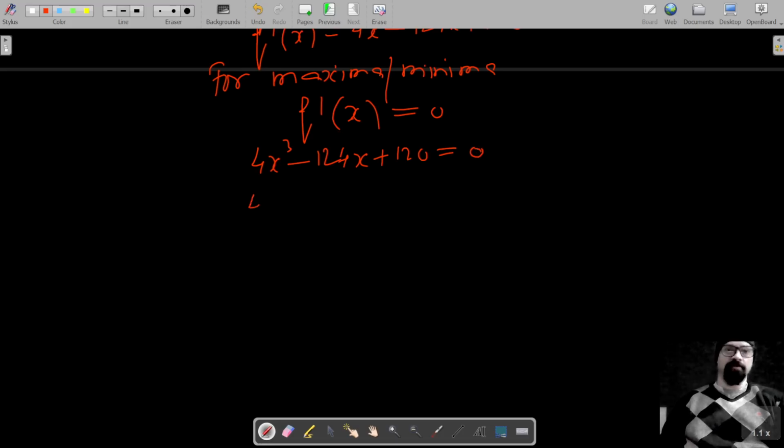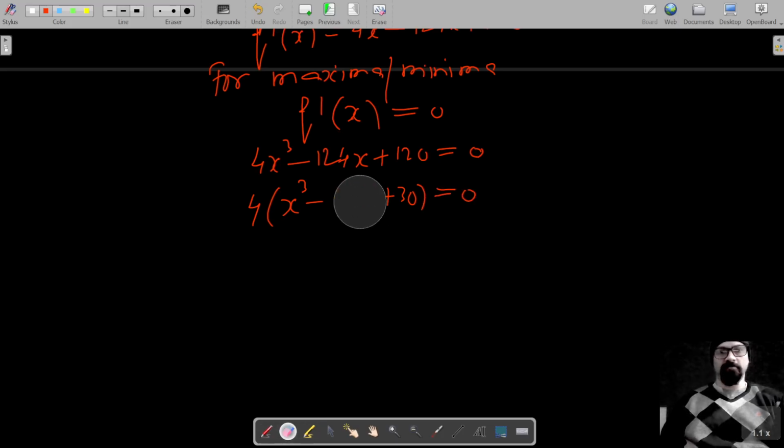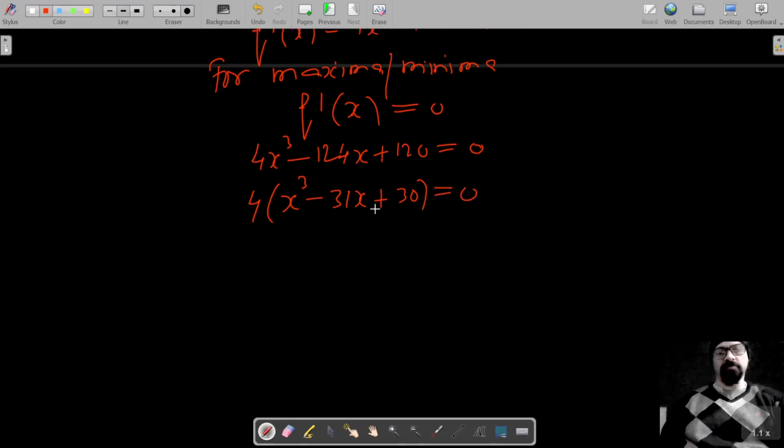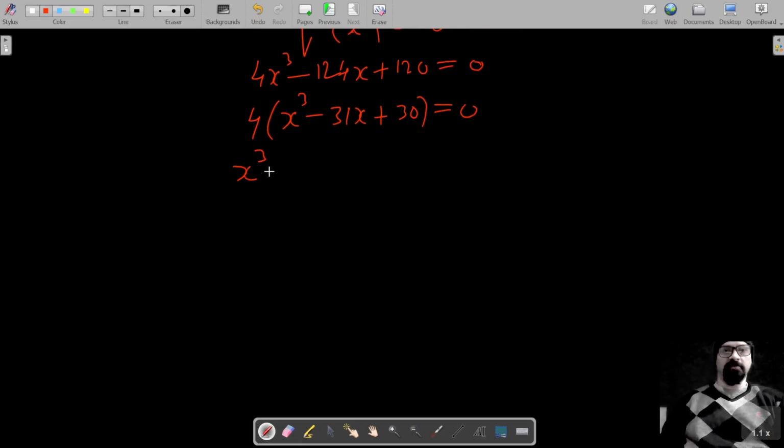Here 4 is common, so this is now x cubed minus 31x plus 30 is equal to 0. Sorry, 4 times 31 is 124.